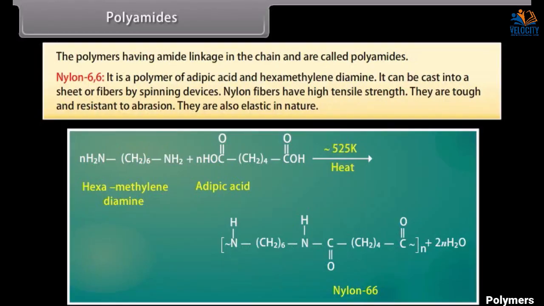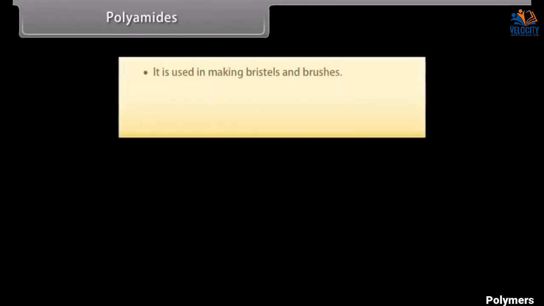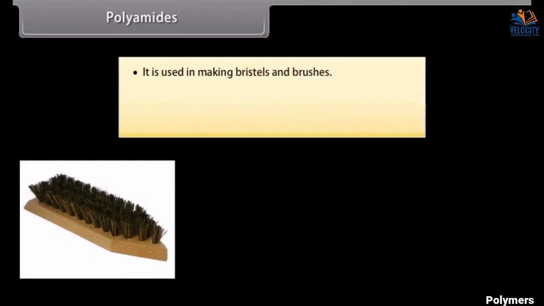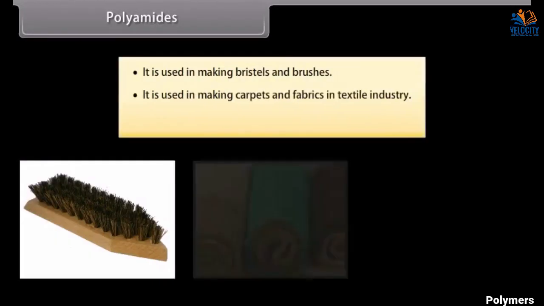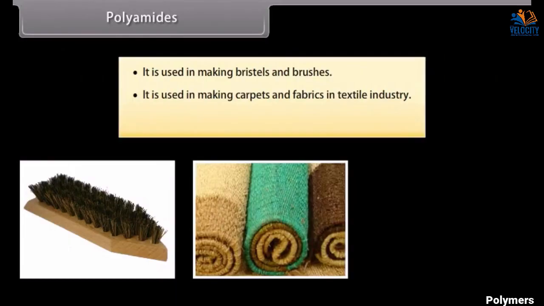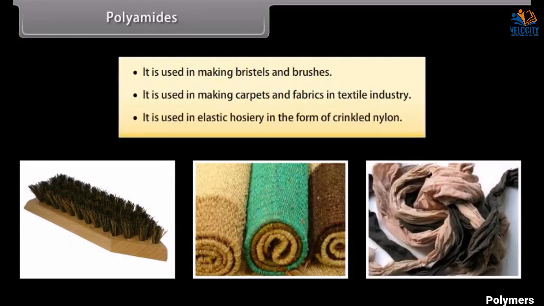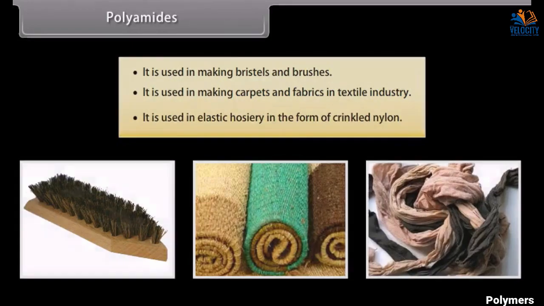They are tough and resistant to abrasion. They are also elastic in nature. It is used in making bristles and brushes. It is used in making carpets and fabrics in the textile industry. It is used in elastic hosiery in the form of crinkled nylon.